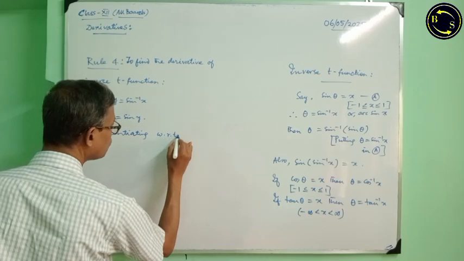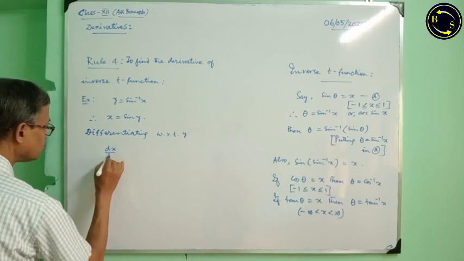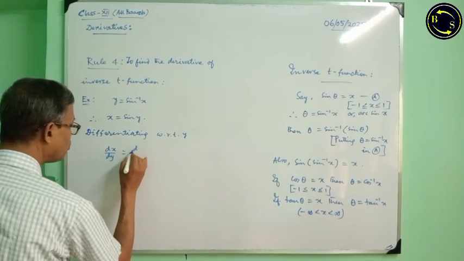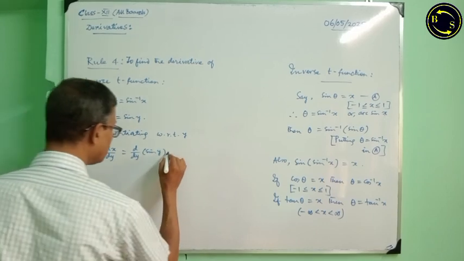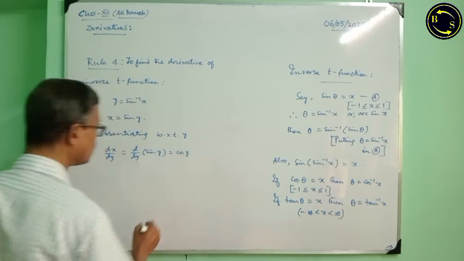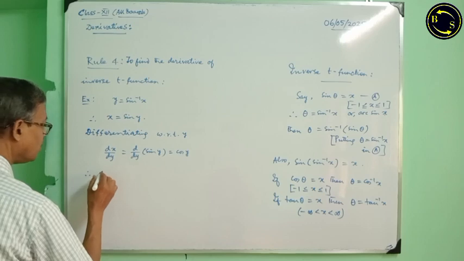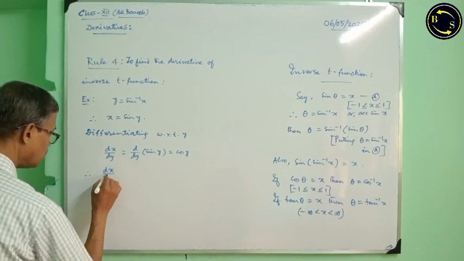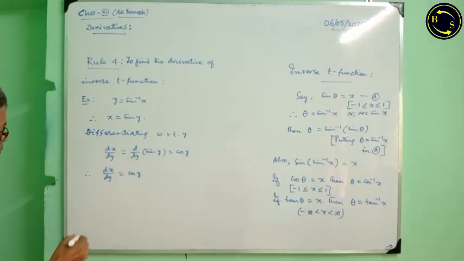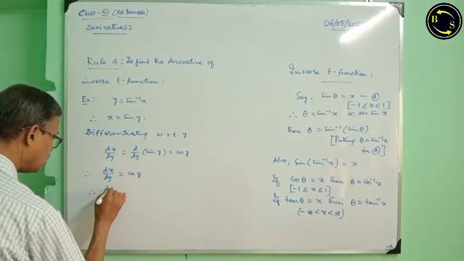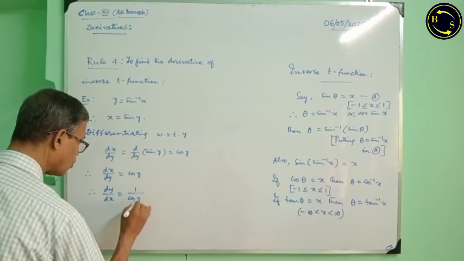Left side will be dx dy, right side will be dy of sine y. That is equal to cos y. Dx dy equal to cos y. Therefore, dy dx is equal to 1 by cos y.